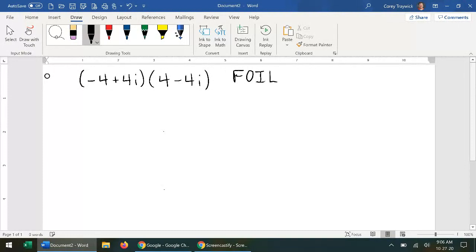Okay, the front is minus 4 times 4, that's minus 16. The outside is minus 4 and minus 4i, so that's positive 16i. The inside is 4i times 4, that's plus 16i. And the last is 4i and minus 4i, and that's minus 16i squared.